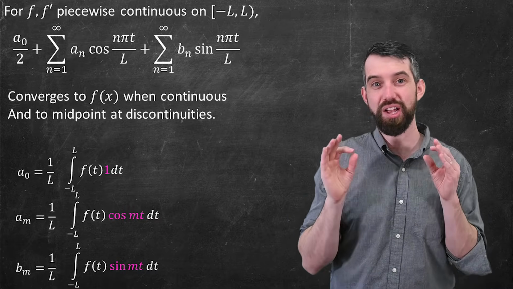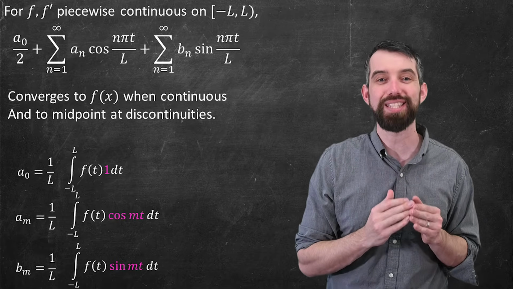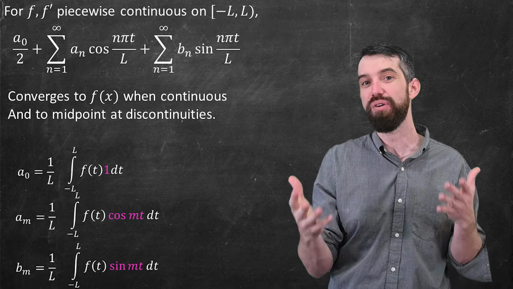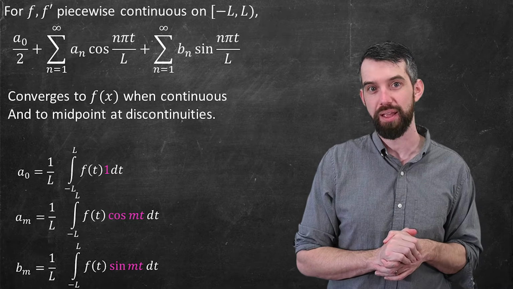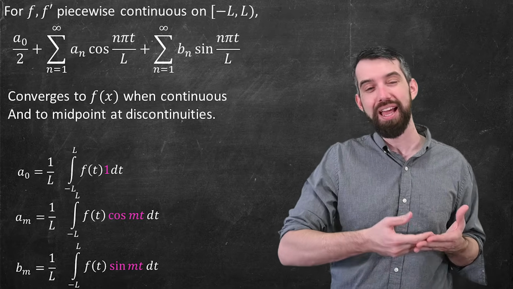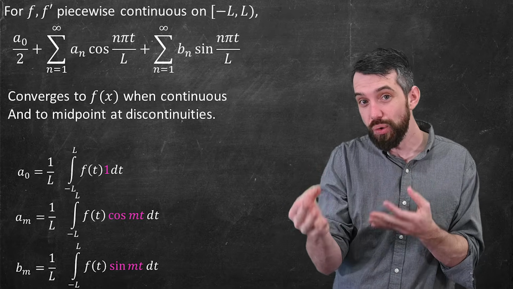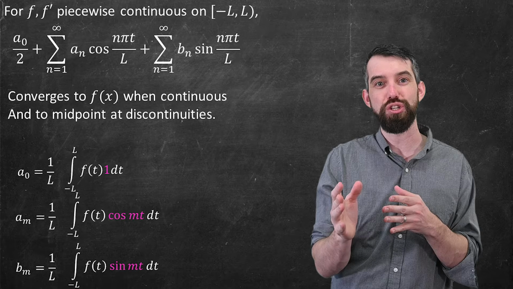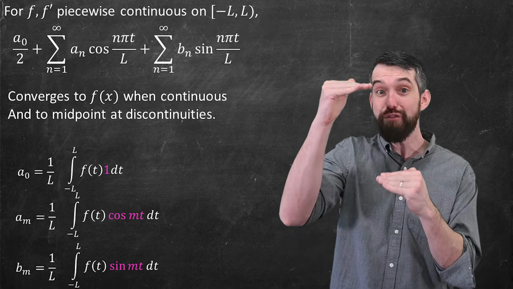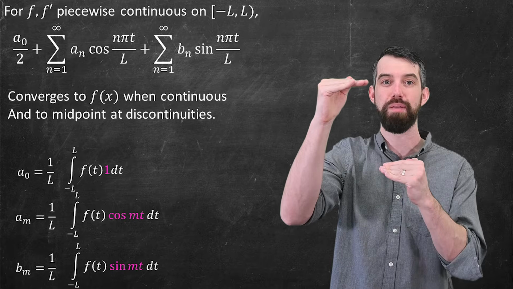Well then, the conclusion is that this converges to precisely f of t for any t value where f of t is continuous. Alternatively, if there's a discontinuity, then it converges to the midpoint of that discontinuity, halfway in between the top value and the bottom value.